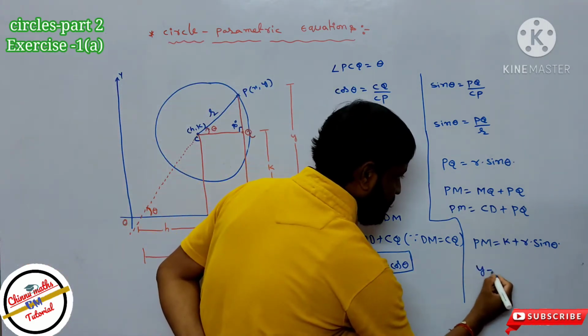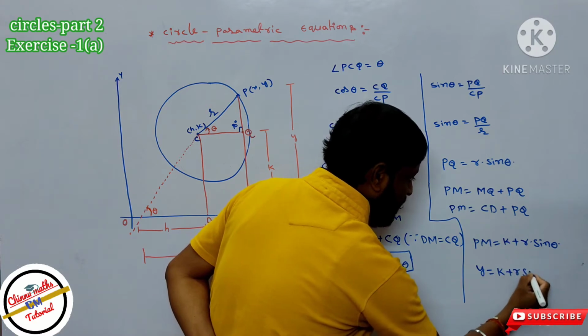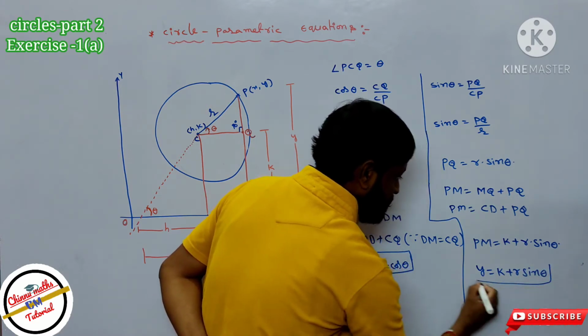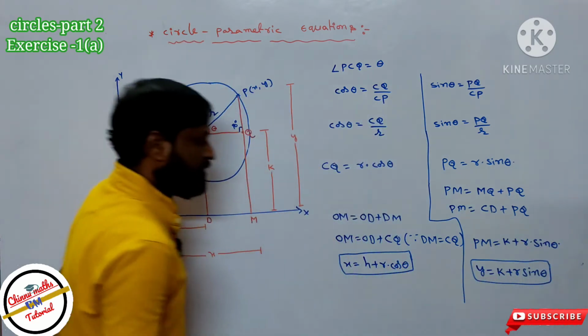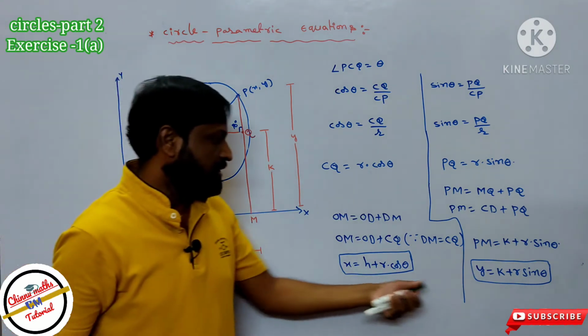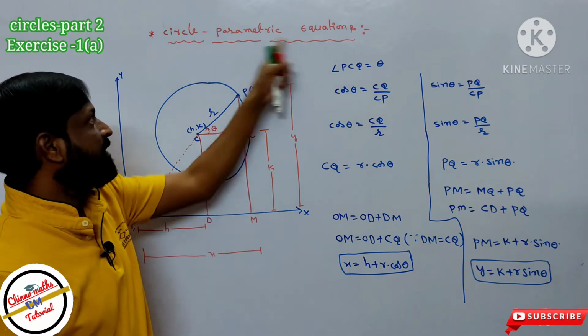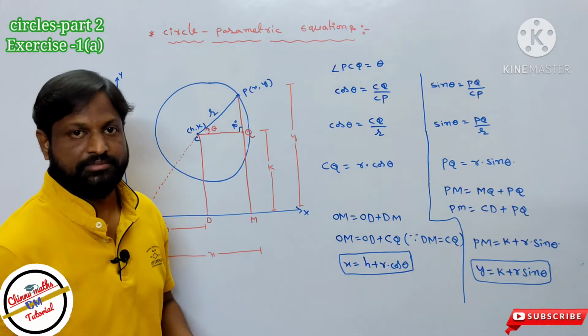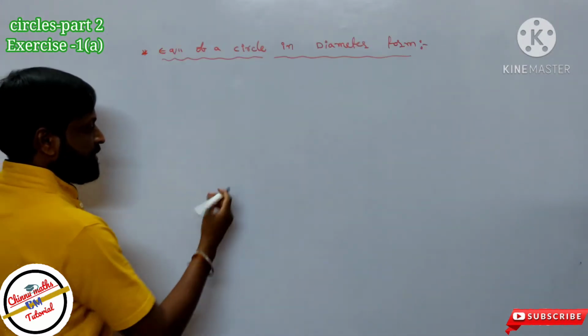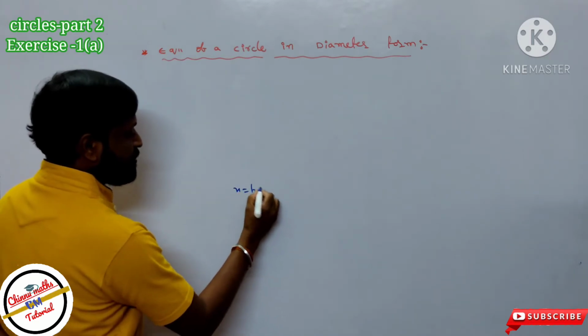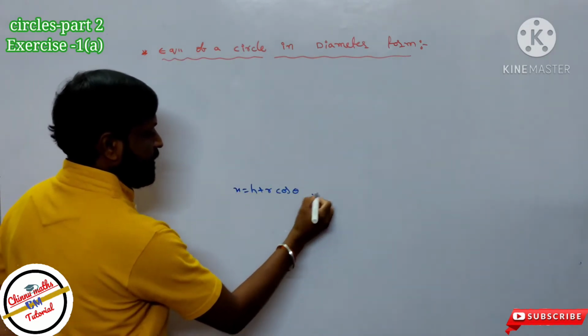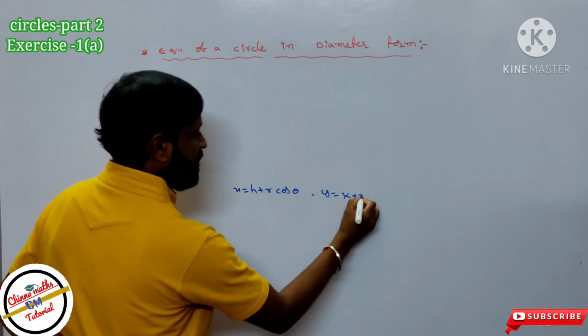Then you can write y equal to k plus r sin theta. So x equal to h plus r cos theta, and y equal to k plus r sin theta. These are the parametric equations of the given circle.